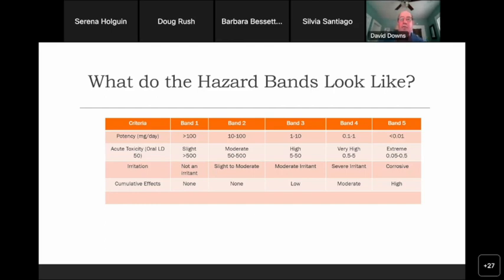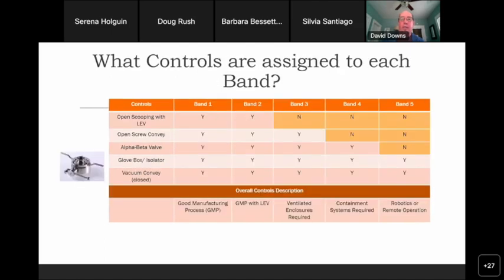So that's a hazard band, but the control banding piece really is based on the idea that the band assigned to a particular material determines what types of controls you need to have in place.